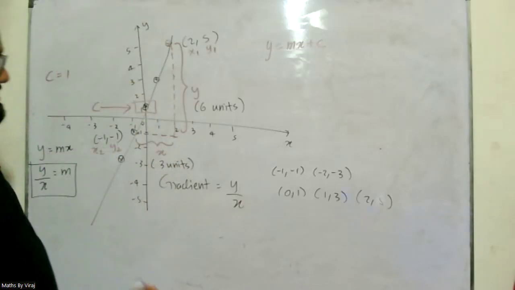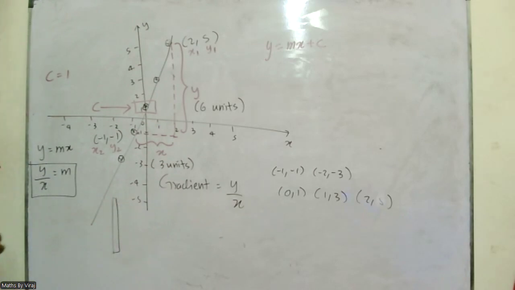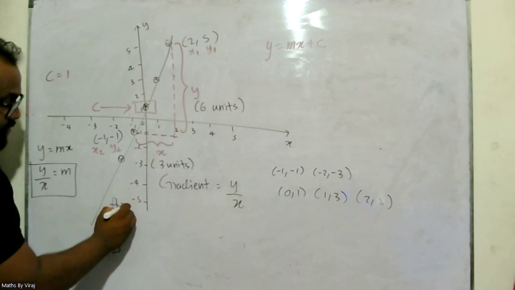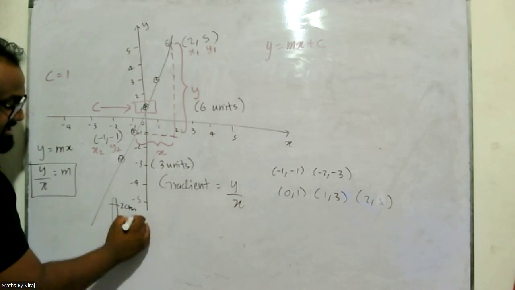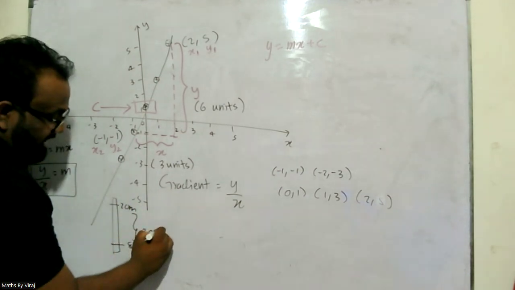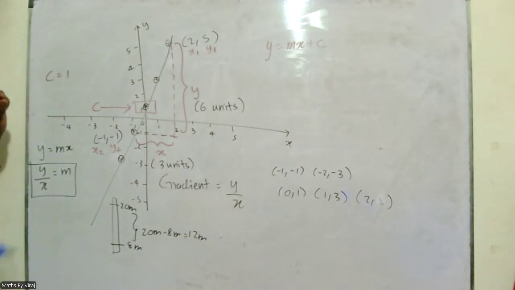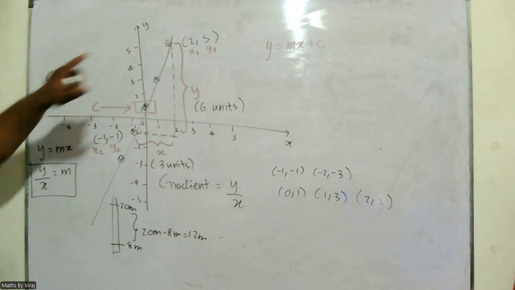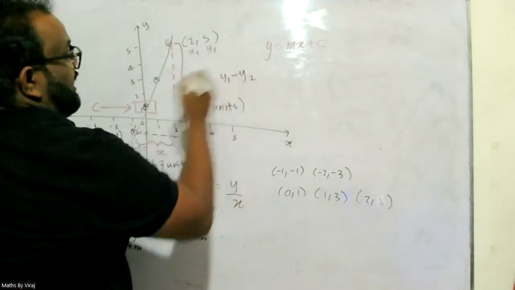For instance, if I have a certain height, this is 20 meters and this is, let's say, 8 meters. How am I supposed to find the difference? From 20 meters, I take away 8 meters, the answer is 12 meters. I can apply the same theory. What is it now? y1 minus y2.